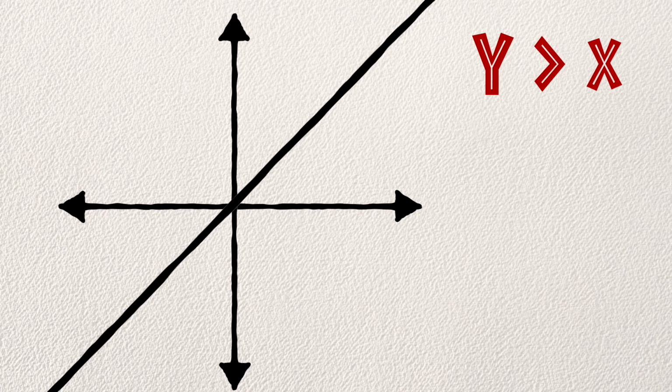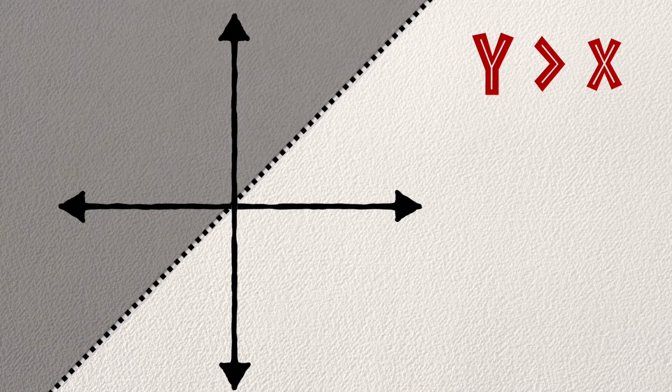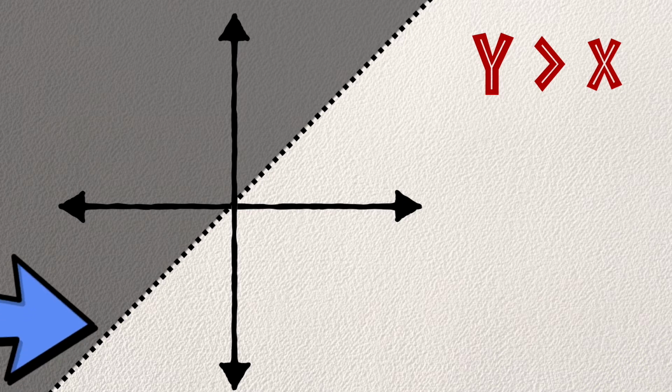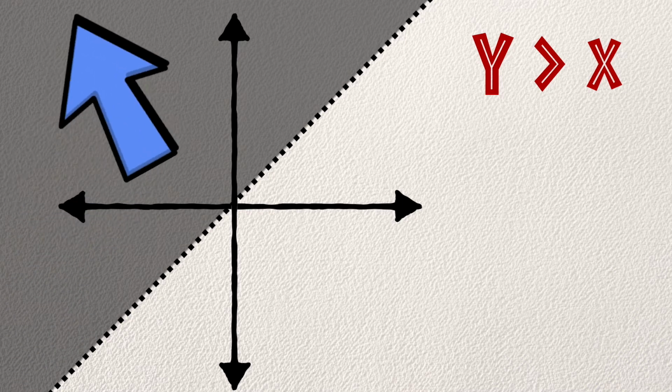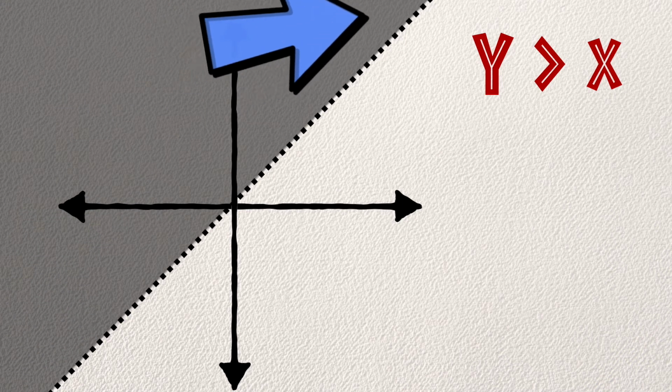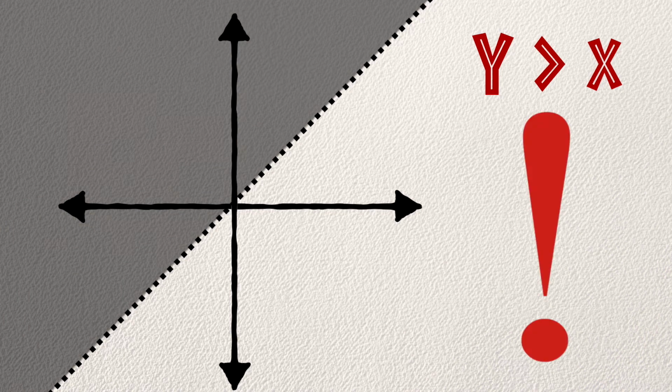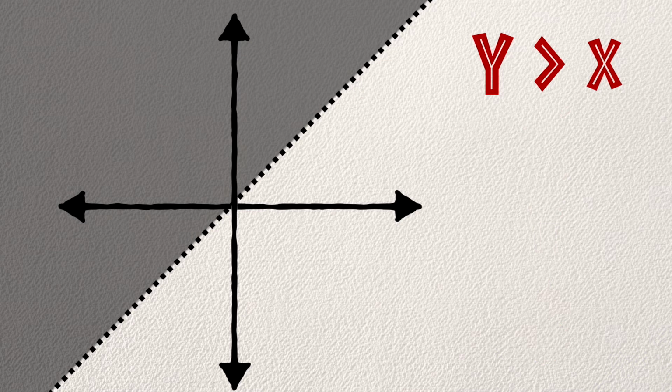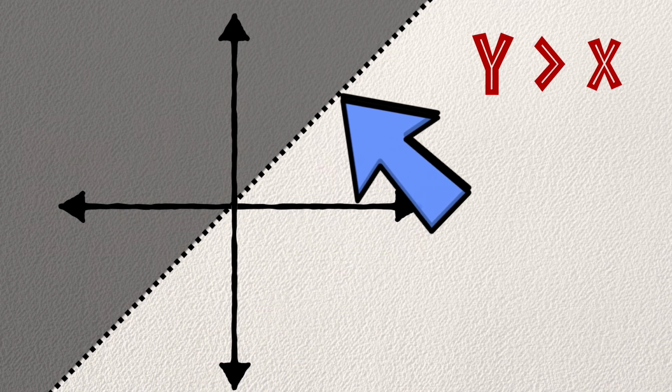Well, that would look like this. So, in this case, y can be any value above this line. It is important to remember that for y is greater than x, y can't be any value on or below this line.